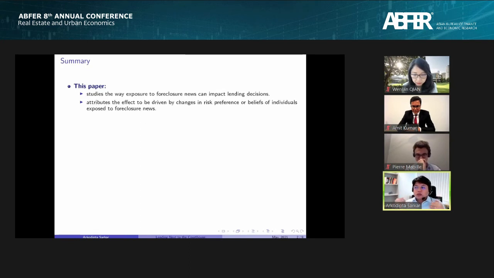The instrument of salience for this foreclosure news has been the distance of the loan officer's workplace from the county courthouse, because all the foreclosure events take place in this county courthouse.